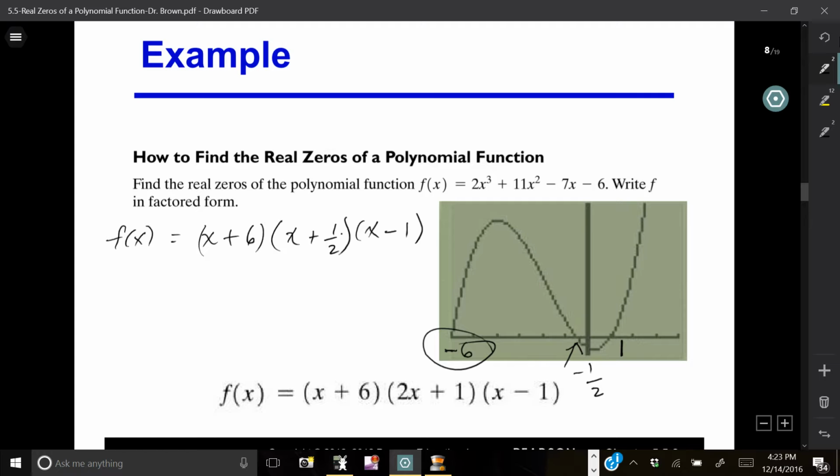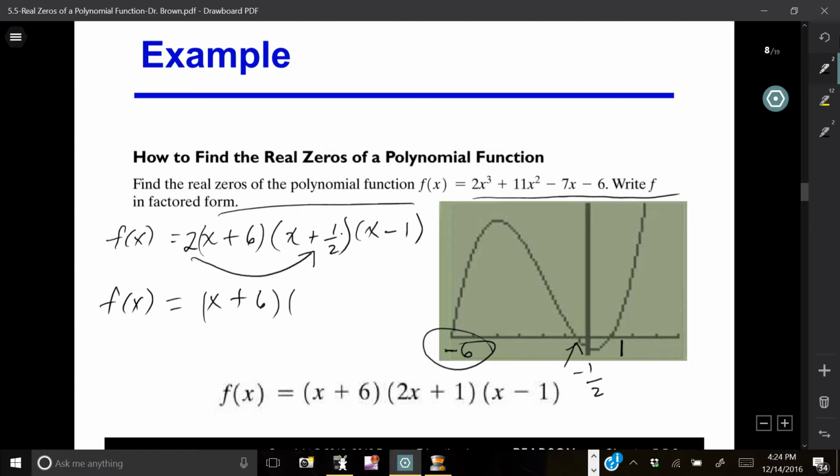Now notice, in order for all this to multiply out to 2x cubed, we need to put a 2 in front of this and multiply the 2 times the factor x plus 1/2, and this would simplify to x plus 6, 2x plus 1, and x minus 1.